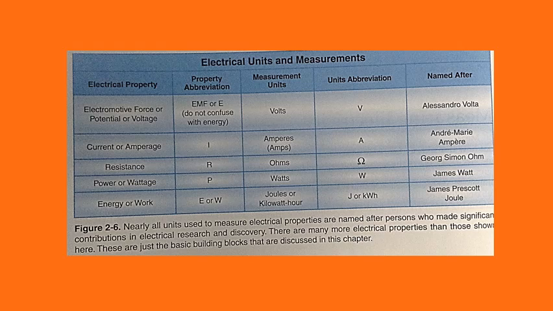Electrical energy in particular is measured in power time units called watt hours or kilowatt hours, kWh. 1 kilowatt hour is equivalent to 1,000 watts of power being used for 1 hour, which is the measure of time. Figure 2-6, as seen on your screen, is the summary of these electrical terms.